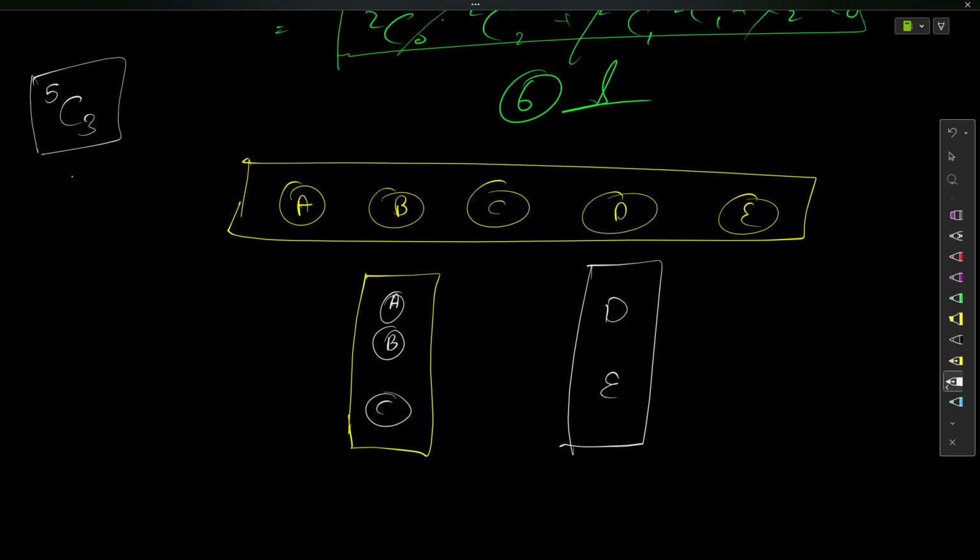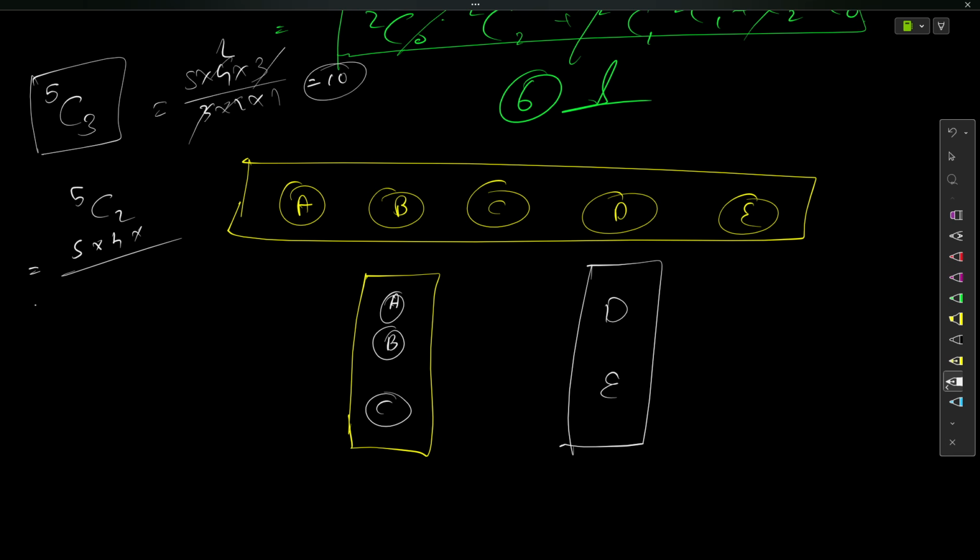So how much is it exactly equal to? 5 times 4 times 3 over 3 times 2 times 1. So a total of 10 combinations are possible. What if we go for 5C2? In that case, 5 times 4 over 2 times 1. So a total of 10 combinations are possible.